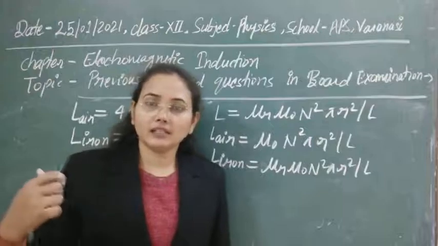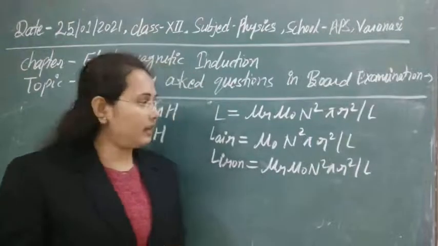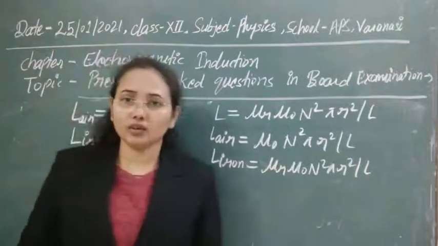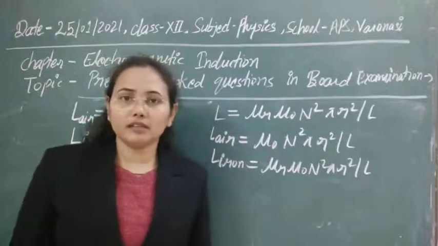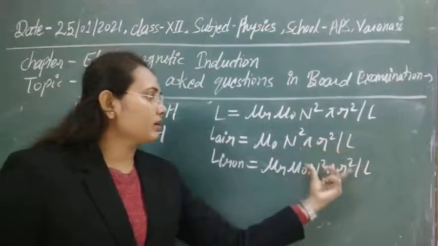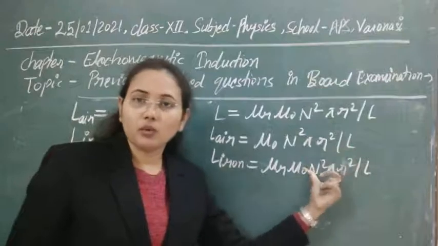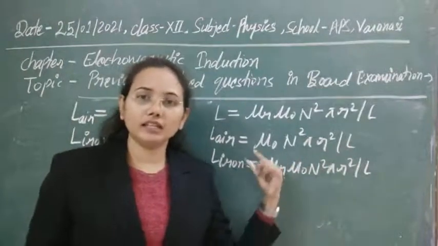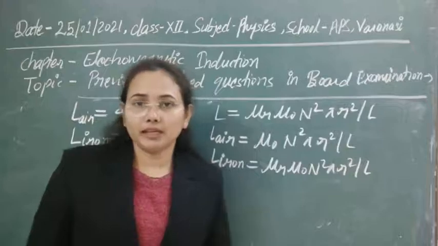We are not changing the radius, the length of the solenoid, or the number of turns. So obviously all these things will be constant. Only the material changes, so definitely there will be a change in relative permeability.